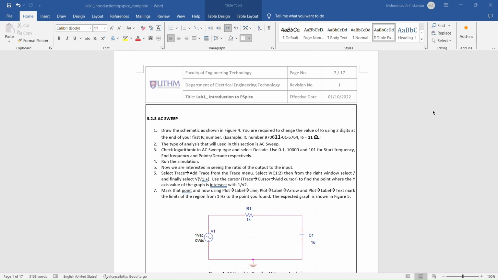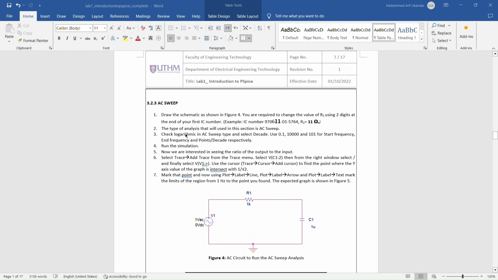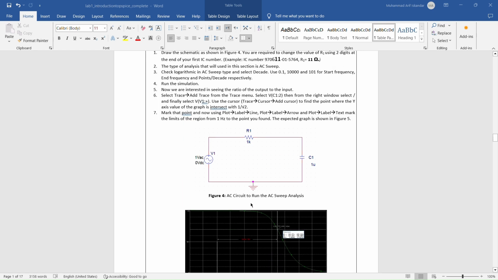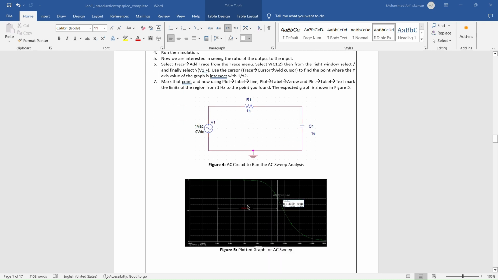We must do the simulation in PSpice software. We just follow this instruction to get the result like this graph.